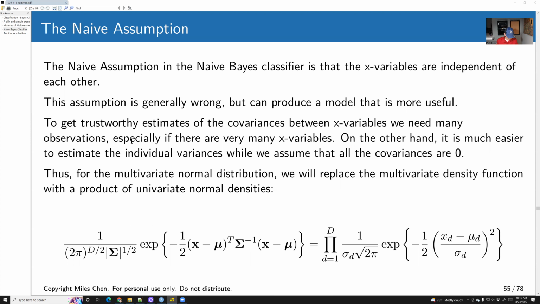All right, now, again, this is why it's called naive, because this is not a good assumption. It's a naive assumption to assume everything is independent. But we don't have to worry about estimating these things, because if you have a whole bunch of parameters to estimate and only a little bit of data, then what happens? Your parameter estimates now have a high variance, right?